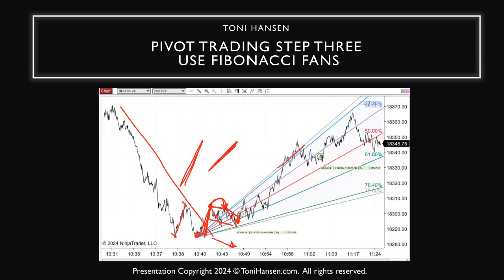And the nice thing about this is that the 23.6, 27.2% zone up there in gray and blue serves as an awesome target level to watch for resistance as well. So you often see things stalling as it's coming into that upper fan level when you have your setup coming off of that lower fan level. So that's another tip. And then watch for things like those measured impulse moves.